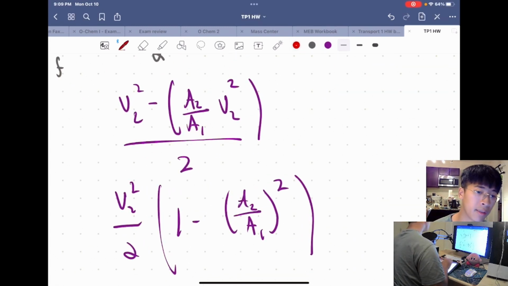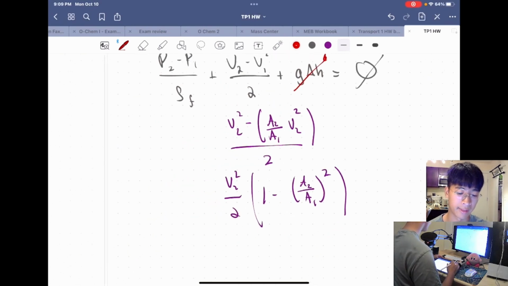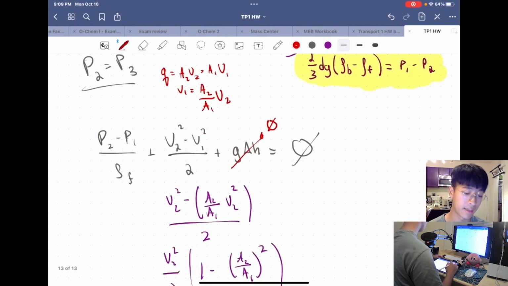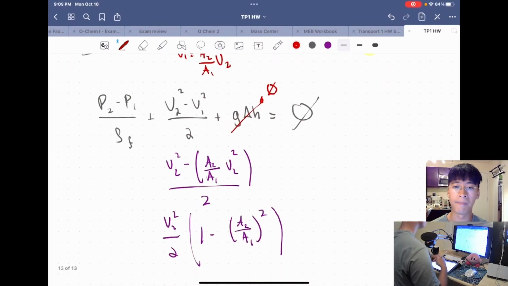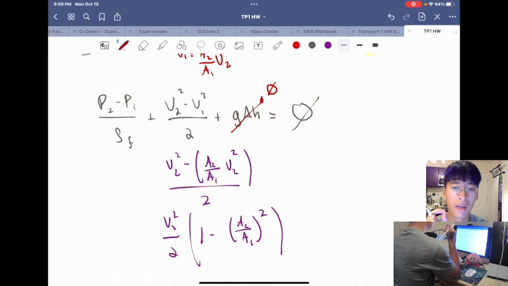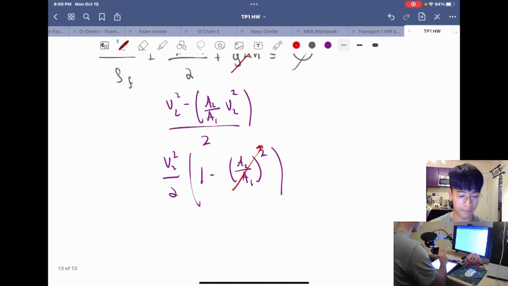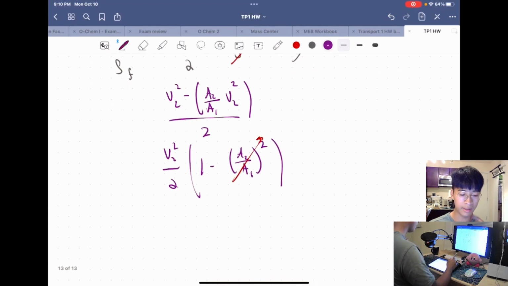That A2 is so much smaller than A1 that it's a sudden expansion, right? So the ratio is already extremely small, and you're squaring it too, which makes it even smaller. So this actually goes to 0. So our velocity expression then simply becomes V2 squared over 2.